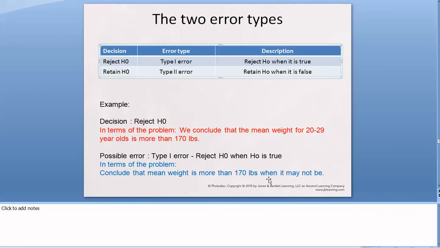Now this can be serious to certain people. If people are concerned about body weight going up as a health risk, and if type 1 error happened here, that means that worry is in vain. Men's weights have not increased, but people will be worrying about it, saying that men are much heavier than they used to be.